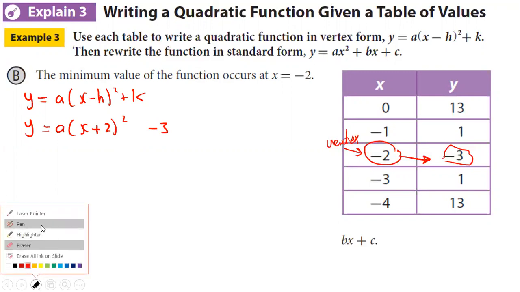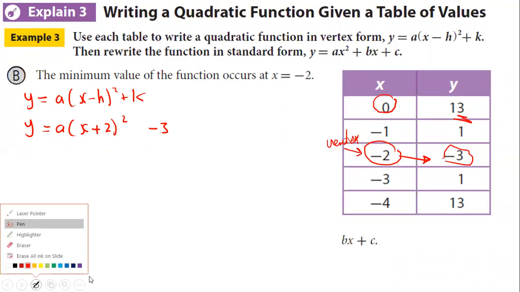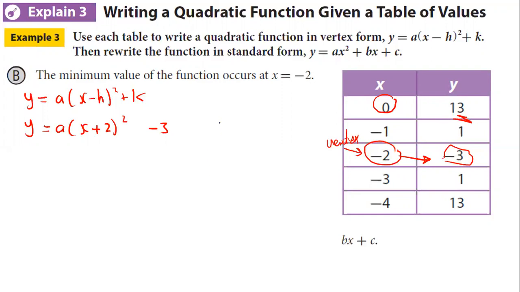Now we will get the value of a by using any point here. I will use the first point, because x equals 0 and y equals 13. So I will use the point (0, 13). Can you use any point?